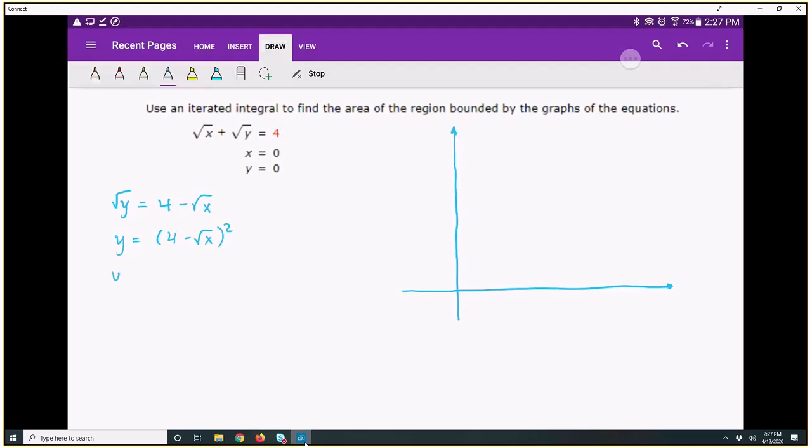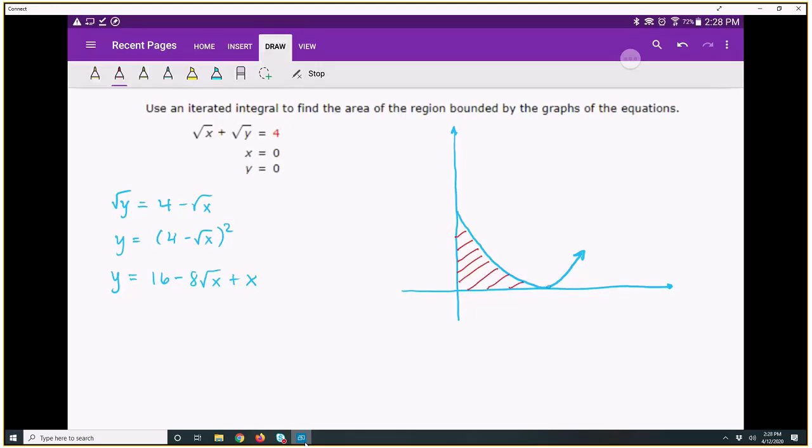So y is equal to 16 minus 8 square root of x plus x. So it sort of looks like a quadratic equation in square root of x. So it's going to kind of have this shape of a quadratic. But it's going to stop here at the y-axis because I can't have negative inputs. So this is the region bounded by the curves.